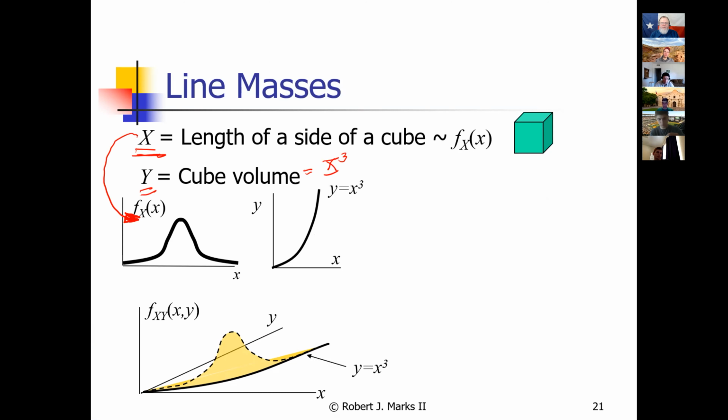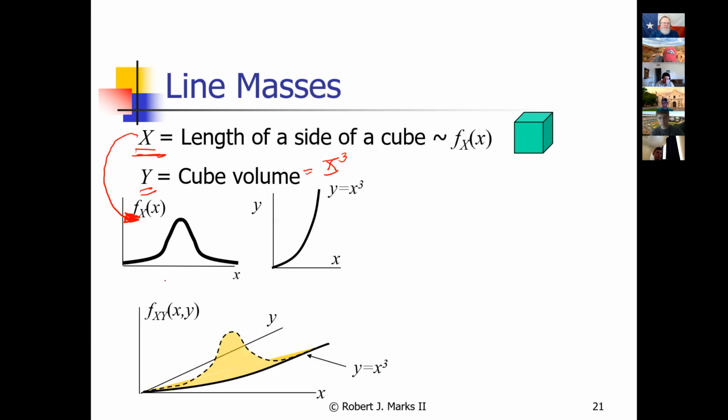Now, are these two random variables independent of each other? Absolutely not. In fact, they're so dependent on each other that if you give me the first one, I can give you the second random variable. They are dependent on each other. And what does this correspond to?